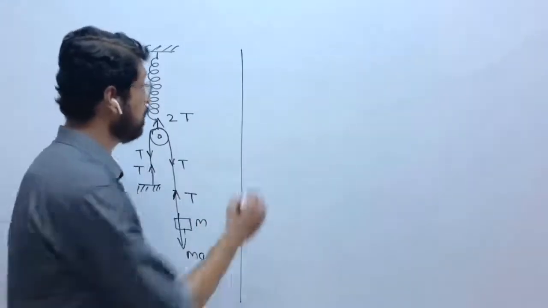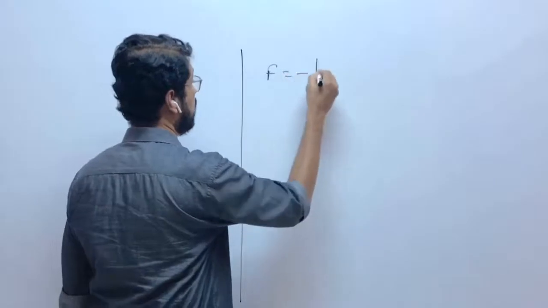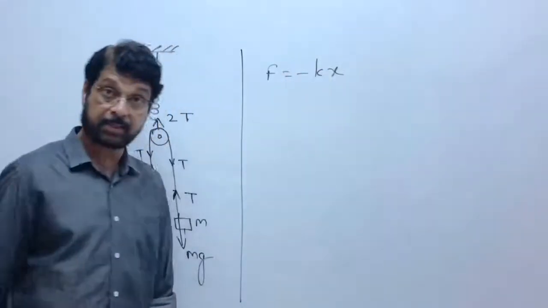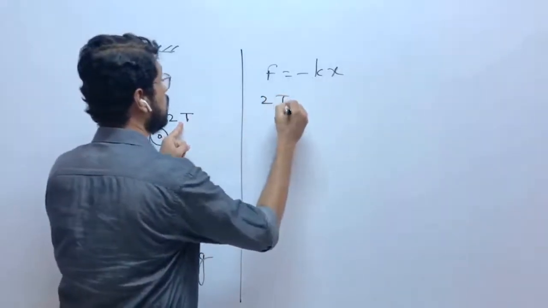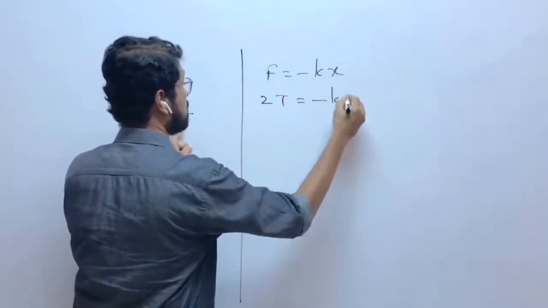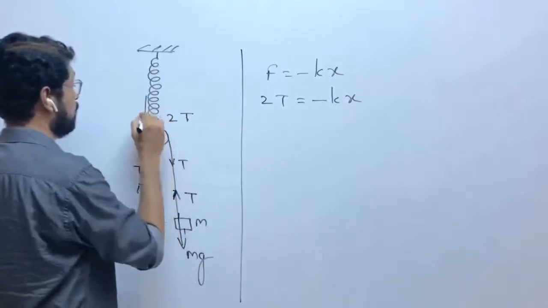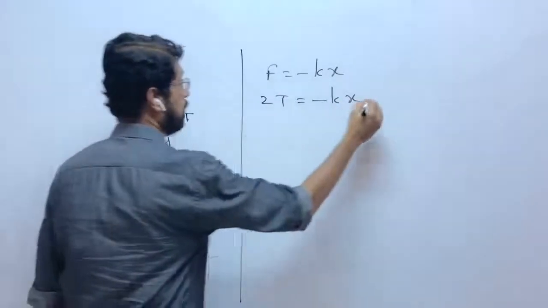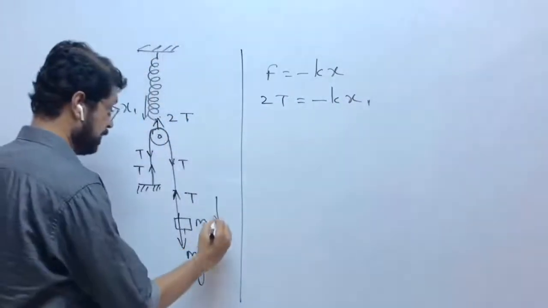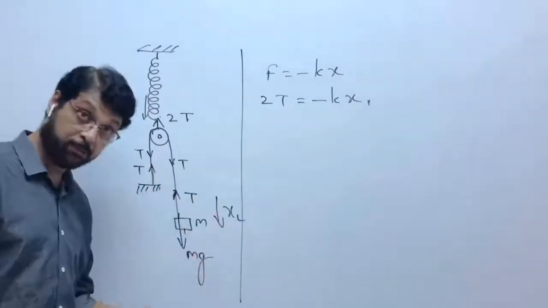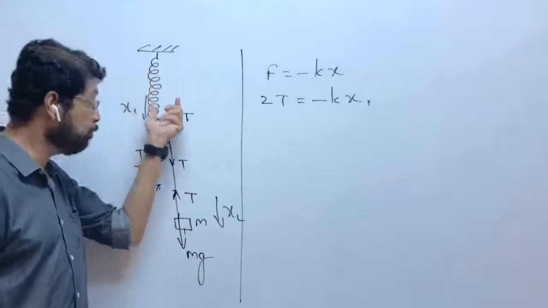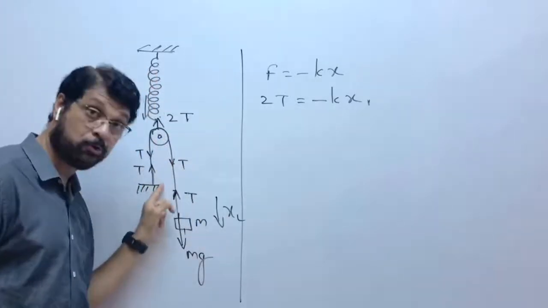So we know that F is always equal to minus kx in simple harmonic motion. So this force 2T will be equal to minus kx. Suppose this x is x1 and this x is x2. They will be different. When the block is pulled down, the spring will also come down, meaning the pulley will also move down.